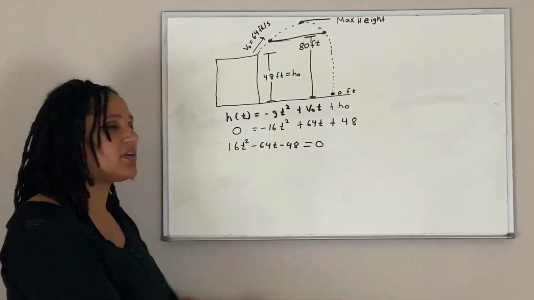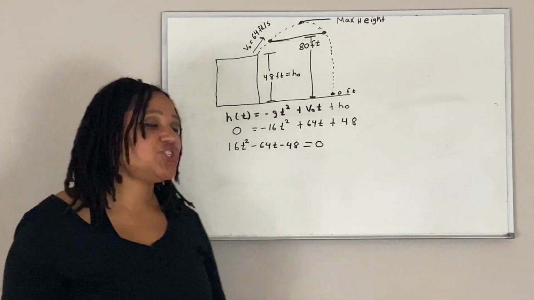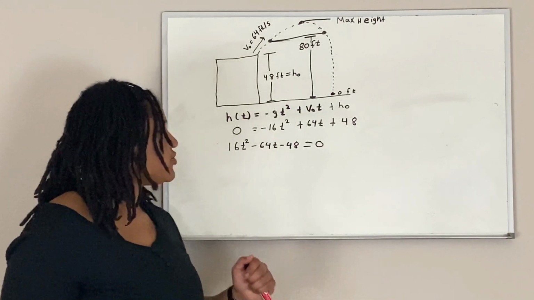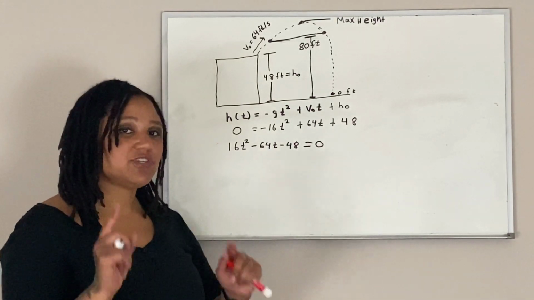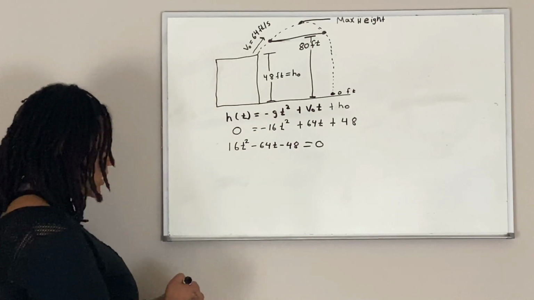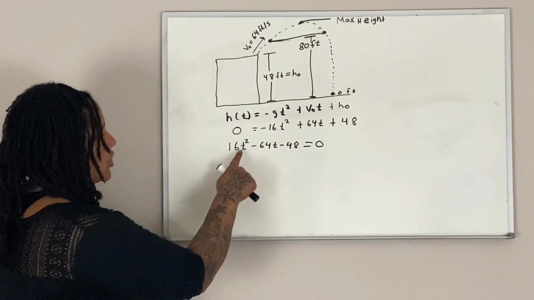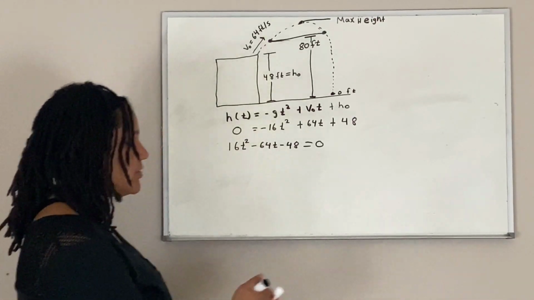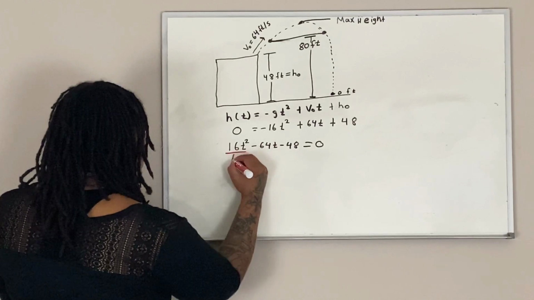When we bring everything over to the other side, the signs change. Now we're getting closer to what we want, but before I try to solve for t, I want to make my life just a tad easier. I want to make the leading term just a 1, so in order to do that, I need to divide everything through by 16.